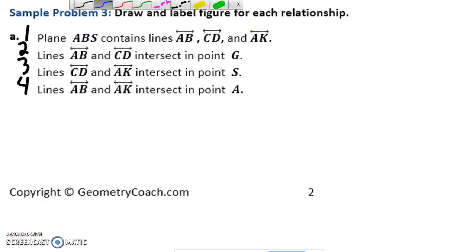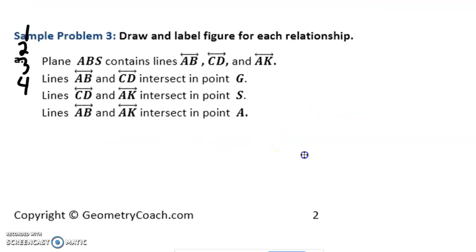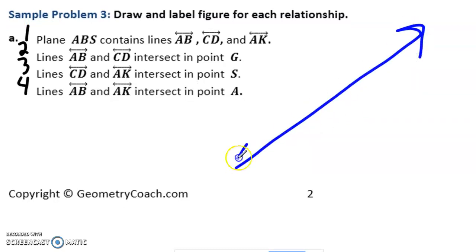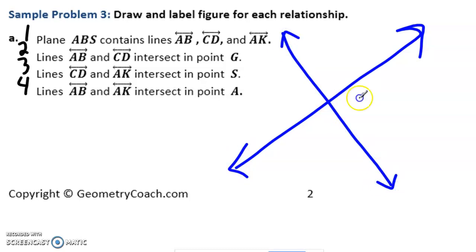Okay, number 2, lines AB and CD intersect at point G. So I know I have 2 lines that are intersecting. I have a line that intersects with a line, and I know the point where they intersect is point G, correct? Right there.